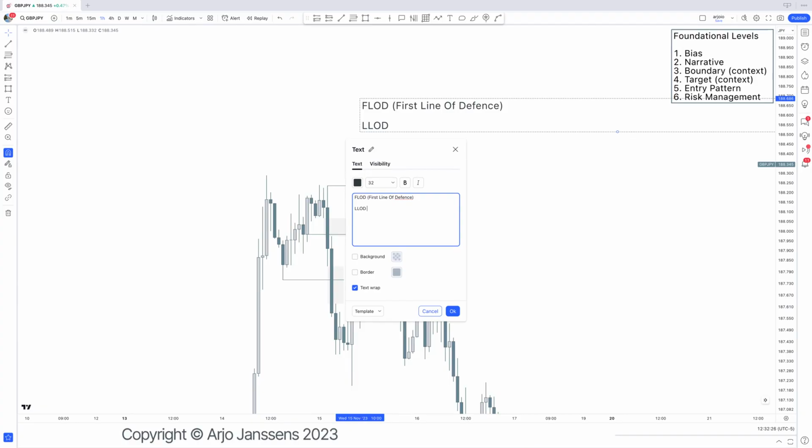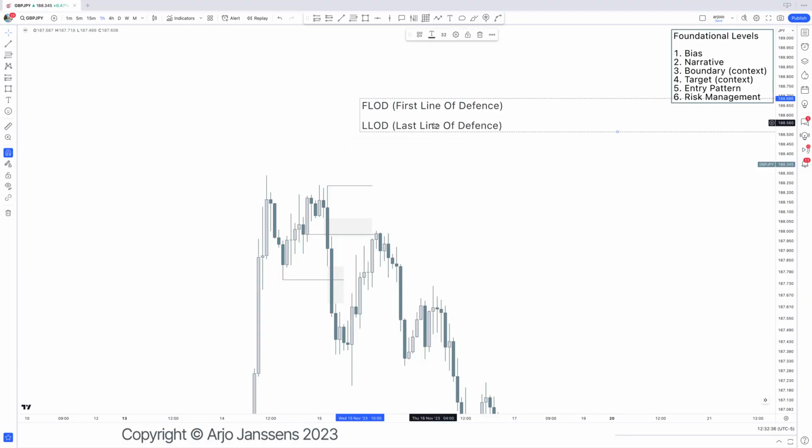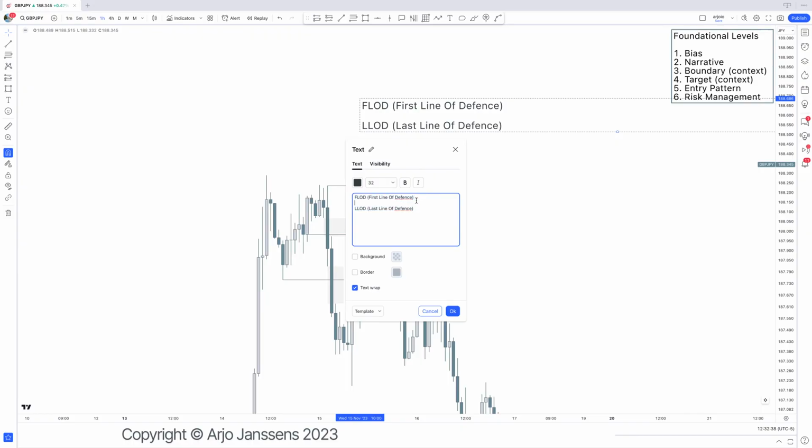That is also something that we are going to explain. So that stands for last line of defense right there. So we have first line of defense and then we have last line of defense. Now we also have the OD, and that is the overlapping defense.